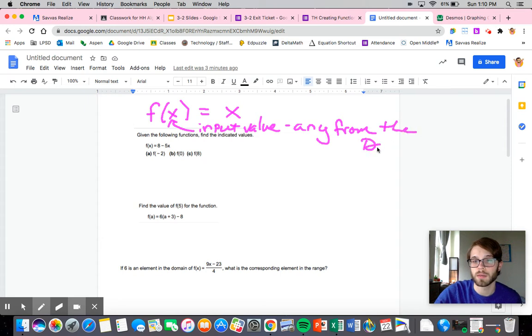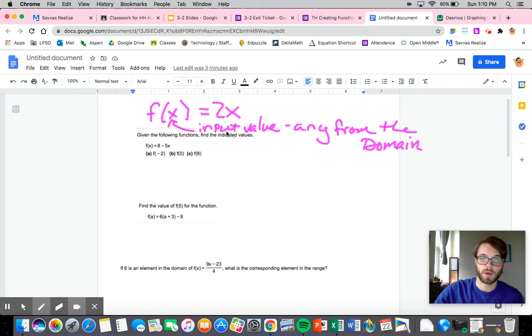Let's say it was 2x or something like that. This part over here, this is what we're doing to that input value. We're taking our input value from the domain, we're multiplying it by 2, and that gives you your total thing, which will essentially be your value within the range.